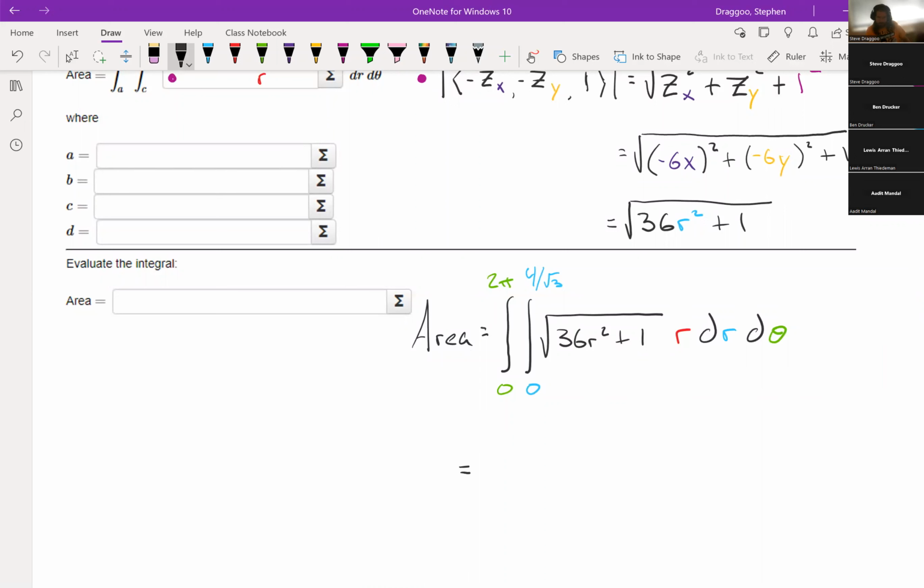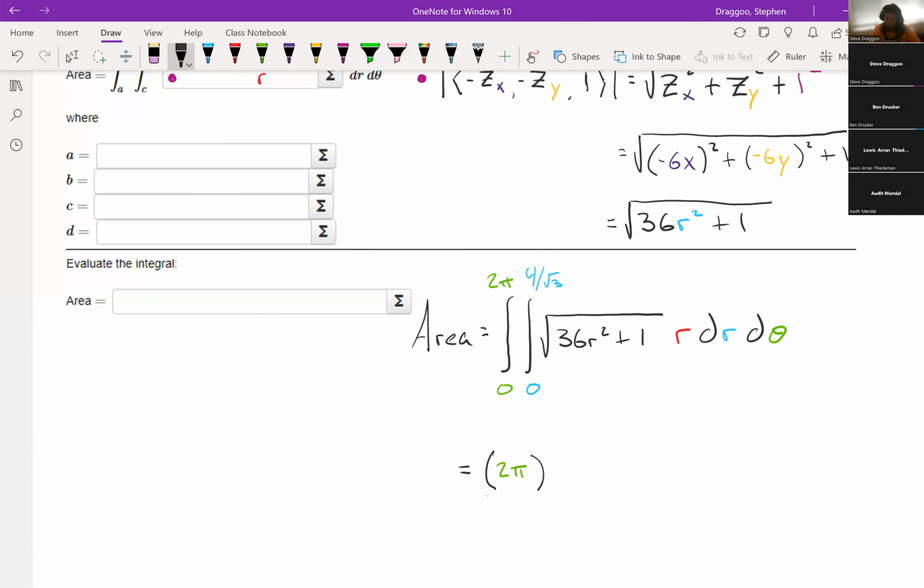Our function is separable because there aren't any thetas in it, so there's only d theta. So we can split up this double integral into 2 separate integrals and multiply them together, going back to Fubini's theorem from way, way back at the beginning of the course. I say way, way back. That was only like 5 weeks ago. Man, the summer is fast. Okay, so our theta integral is just going to come out to 2 pi.